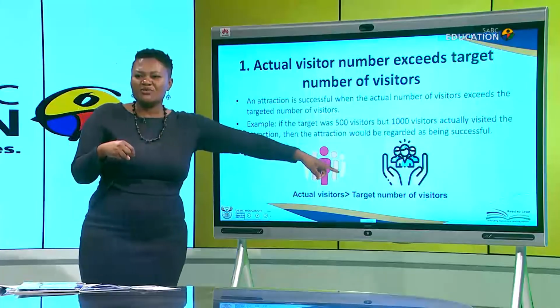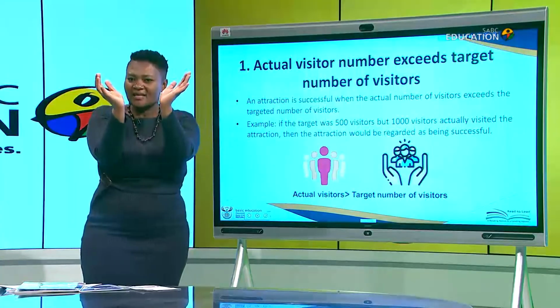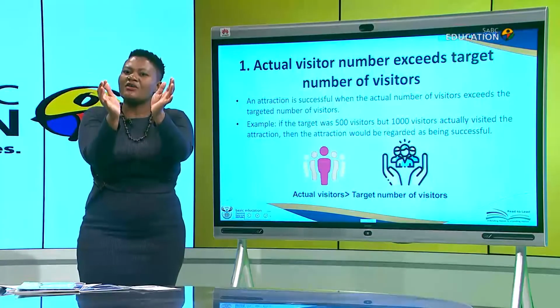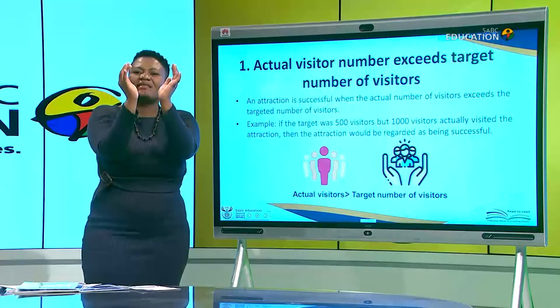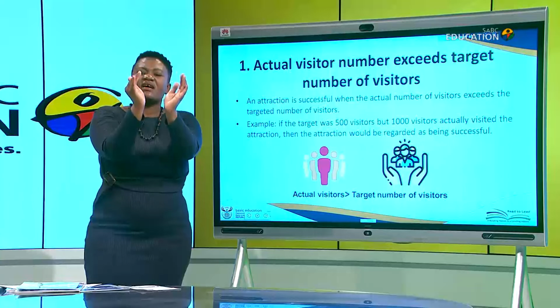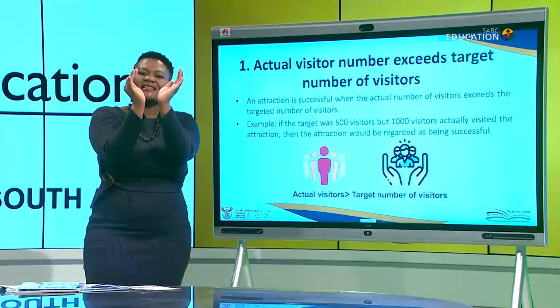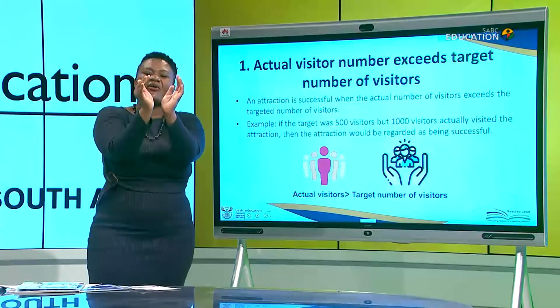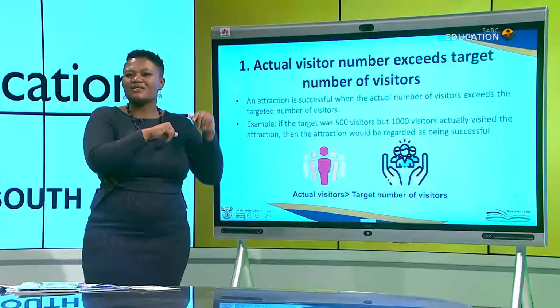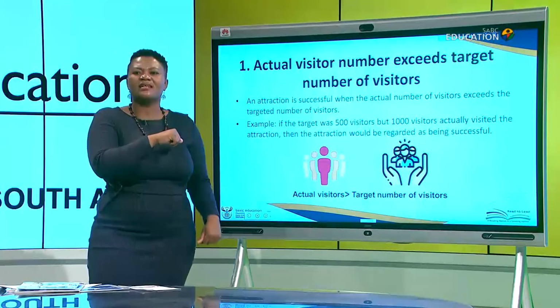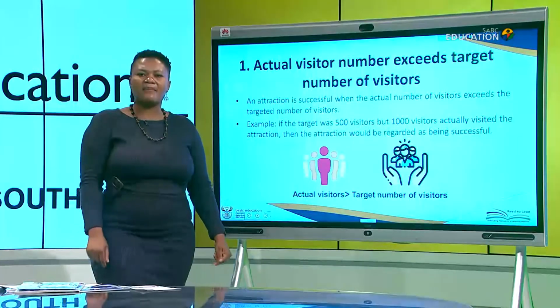Then the next one is the 2 hands. Remember what Ma'am said, they are used deliberately to emphasize that this was the target. So with these hands, we can tell that the attraction had targeted 3 visitors, but now they got 5 visitors. Now we know that that attraction is successful because the actual number of visitors exceeds the target number of visitors.